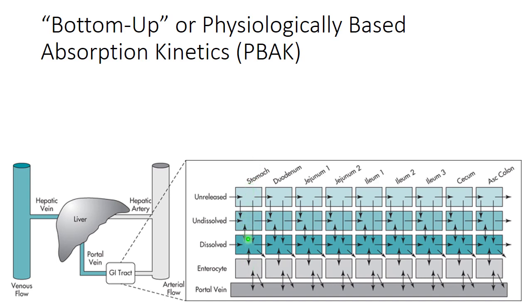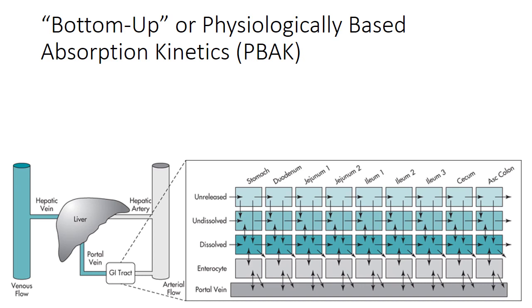At any step here, if it doesn't get dissolved and then absorbed, it could move to the next compartment, or the next piece of the GI tract. But every one of these arrows has a kinetic constant associated with it. A program like Gastro Plus, and many other programs out there, are at this level of detail.